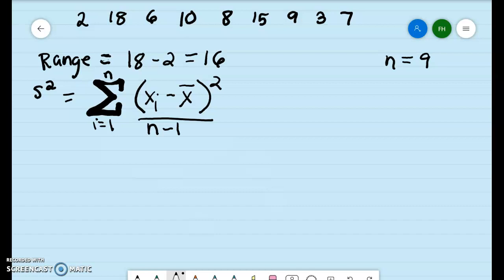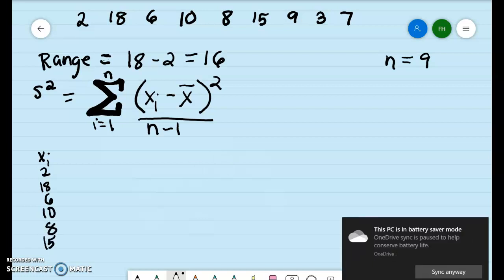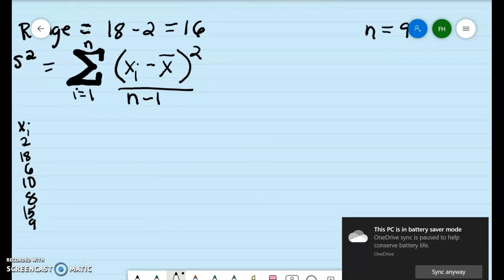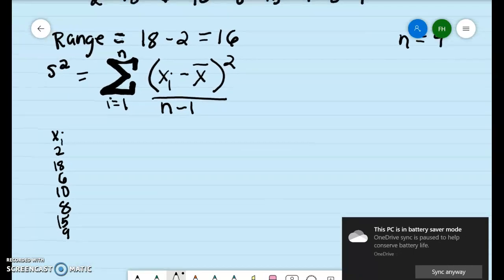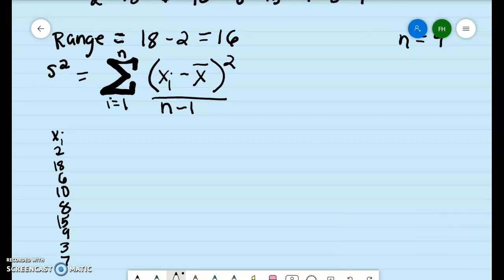The first thing that we need to do is list our values for our xi, which is 2, 18, 6, 10, 8, 15, 9, 3, and 7.